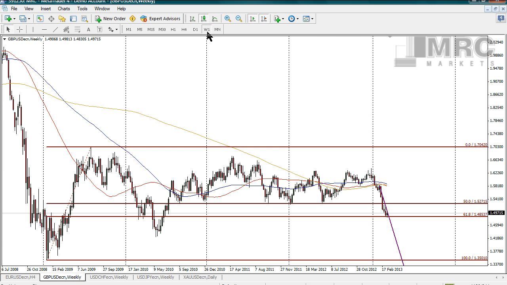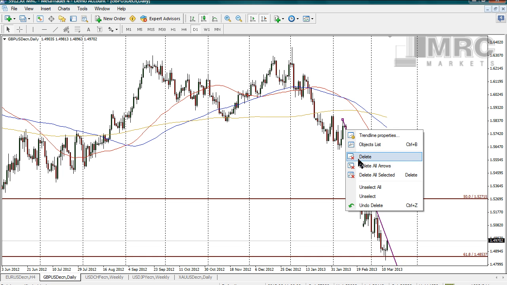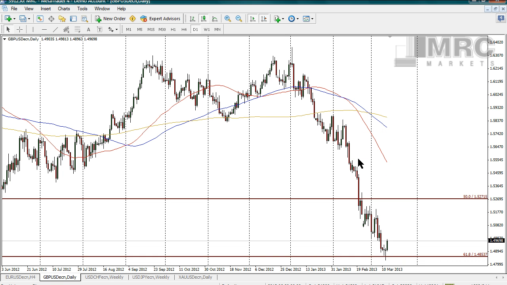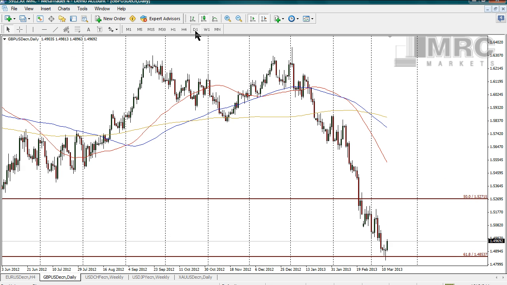But the bigger picture is definitely the important one, in my opinion. On this cable chart, that big 61.8% level, see how it reacts. It has been selling off very aggressively, and it looks like it's due some sort of retrace. So as I say, I wouldn't be surprised to see it retrace up and test some of these key daily moving averages here.